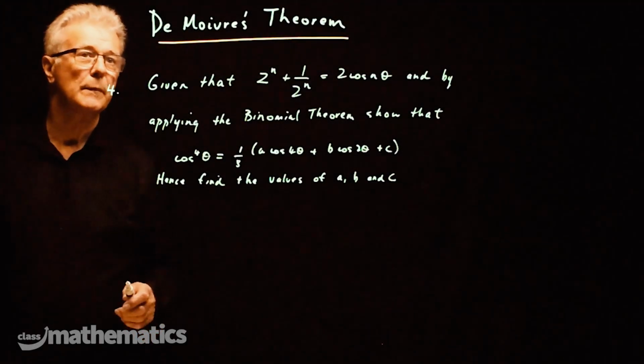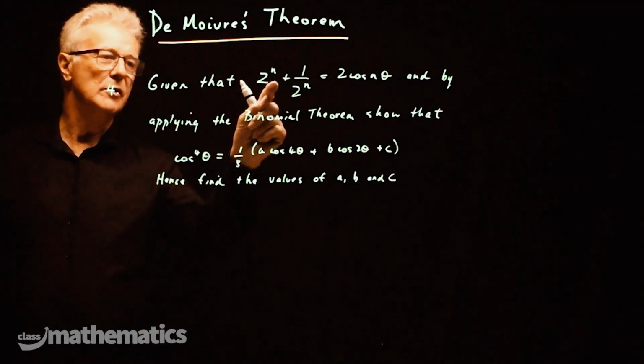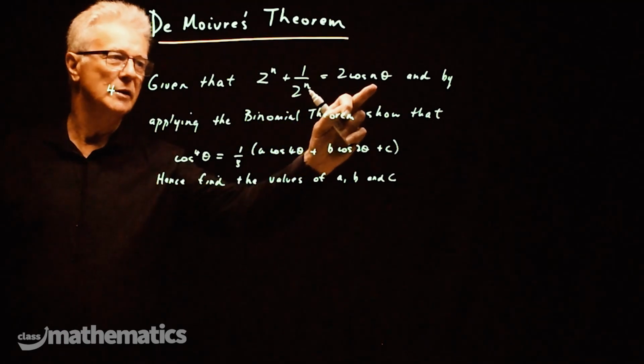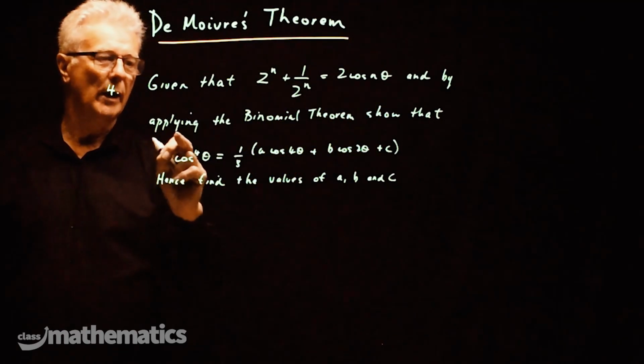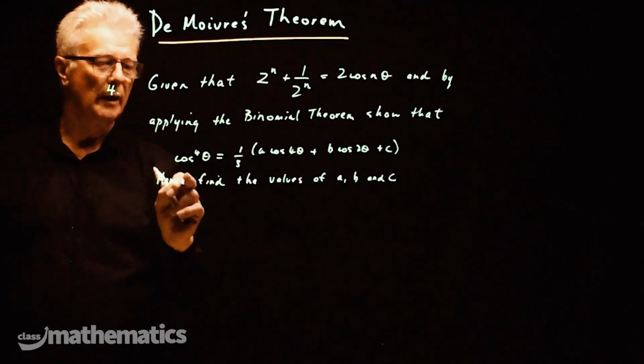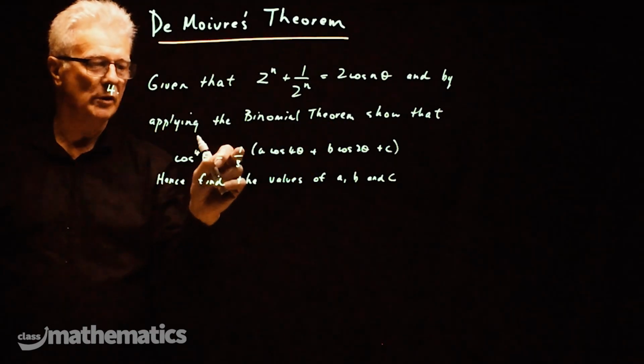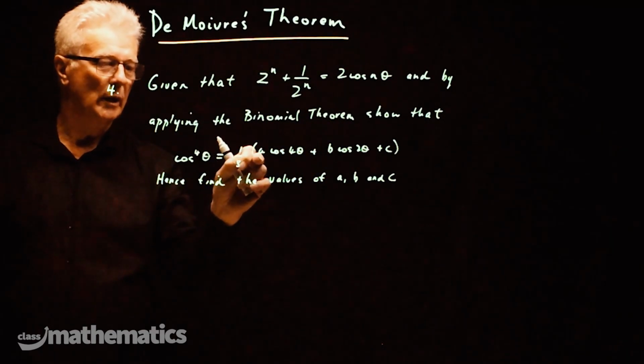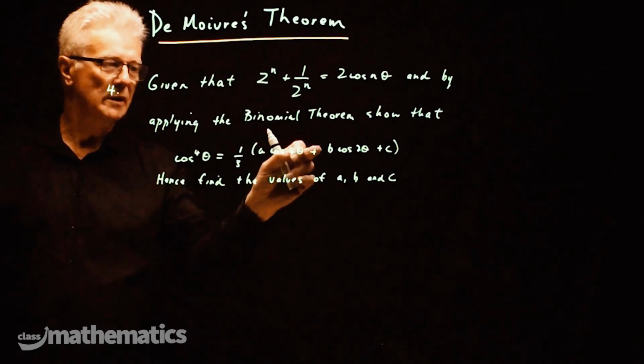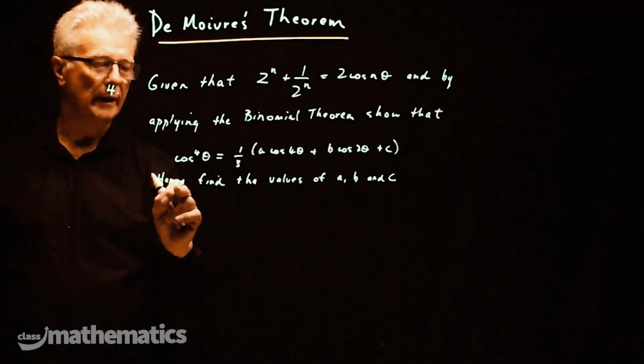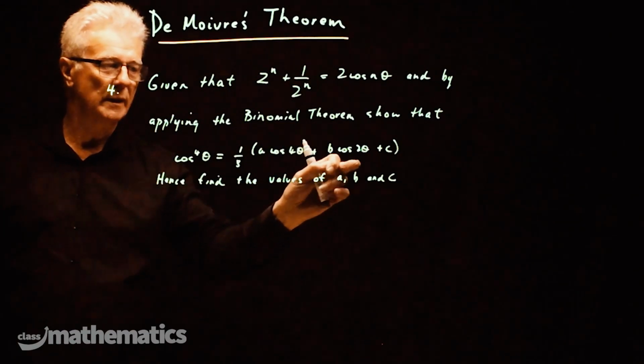Number 4. Given that z to the n plus 1 over z to the n equals 2 cos n theta, and by applying the binomial theorem, show that cos to the 4th theta equals 1 over 8 outside of a cos 4 theta plus b cos 2 theta plus c, and hence find the values of a, b, and c.